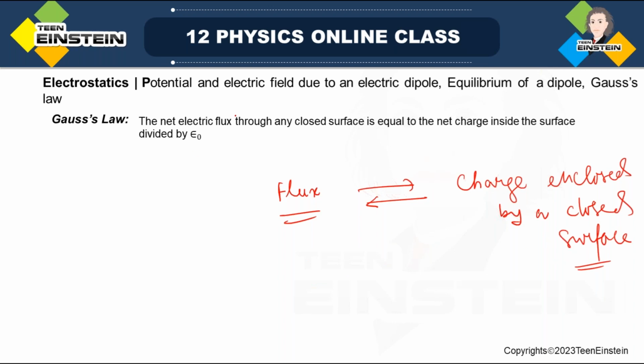So the net flux through any closed surface is equal to the net charge inside the surface divided by epsilon 0.